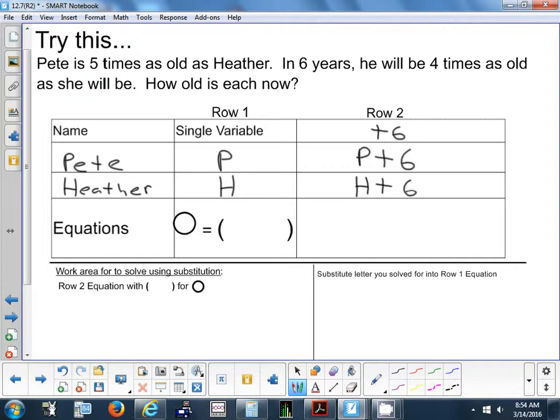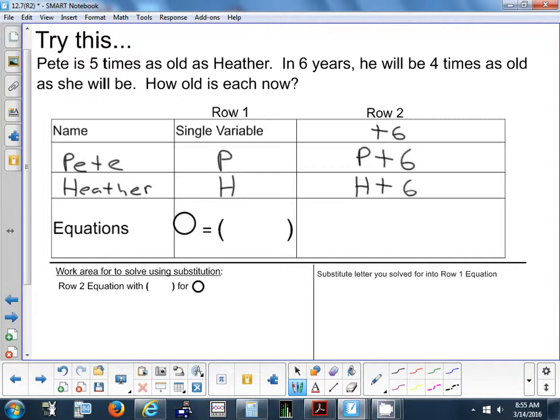Okay, so that's all the information about their ages. Now we have to start looking at making the equations. Okay, questions on that step? Looks like most people had that. I walked around. All right, it says Pete is 5 times as old as Heather. Anybody have a thought how we can start to set that up?